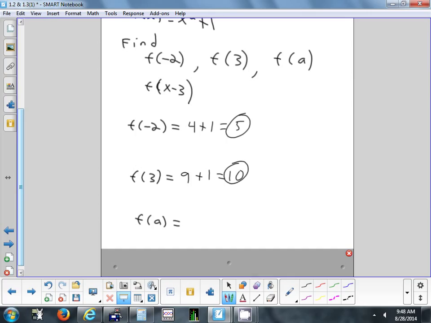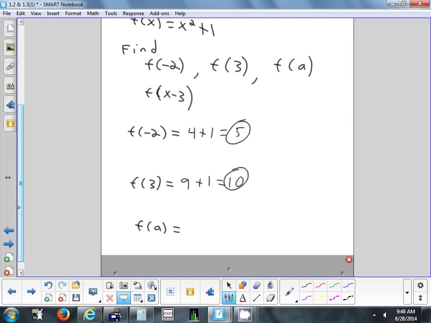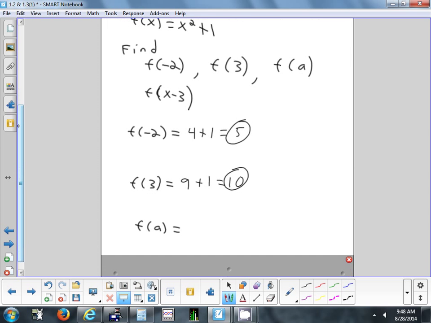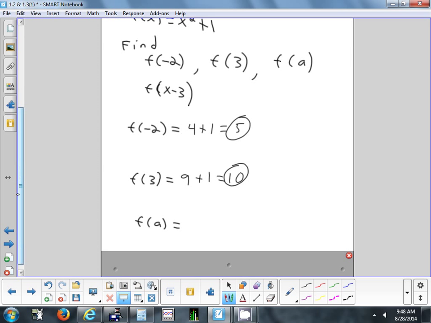How would I find f of a? Samuel? Would it just be a squared plus 1? Yeah, whatever they tell you to plug in, you just plug it in, but you can't get a numeric answer because I didn't give you a numeric input. It's just a squared plus 1.